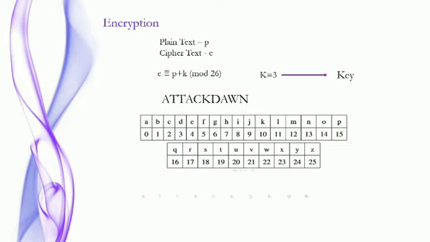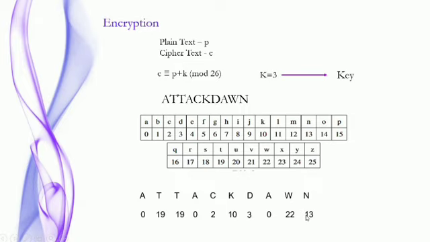For ATTACK DAWN, the numerical values are: A is 0, T is 19, T is 19, A is 0, C is 2, K is 10, D is 3, A is 0, W is 22, and N is 13. These are the numerical values of the original message.